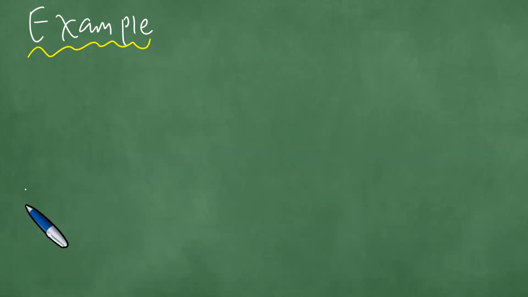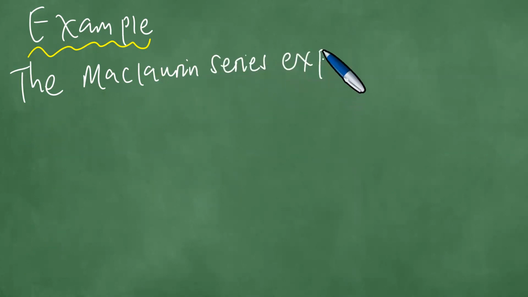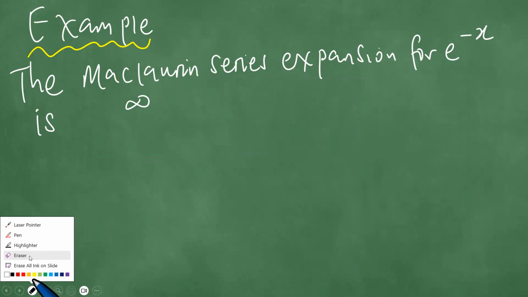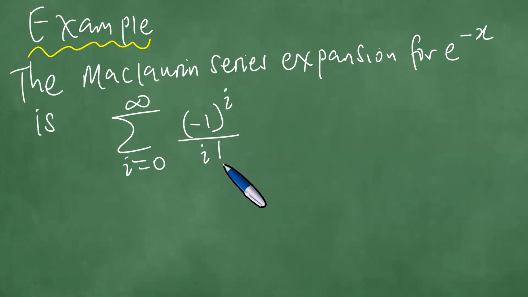We begin as follows. The Maclaurin series expansion for e to the minus x is the sum from i equals 0 to infinity of minus 1 to the power i, divided by i factorial, times x to the i.